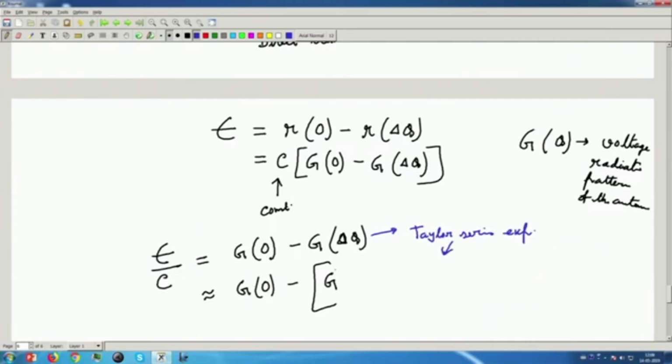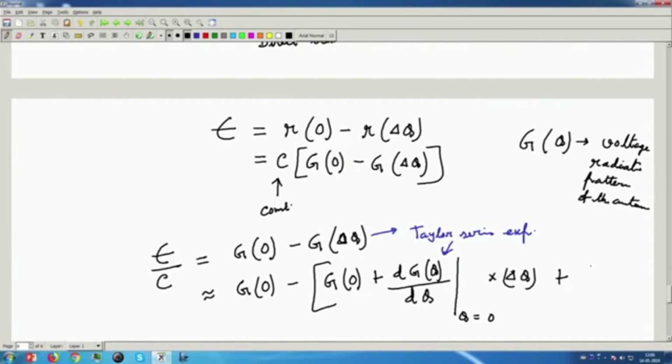G 0 plus d G theta d theta at theta is equal to 0 multiplied by delta theta, plus other terms.